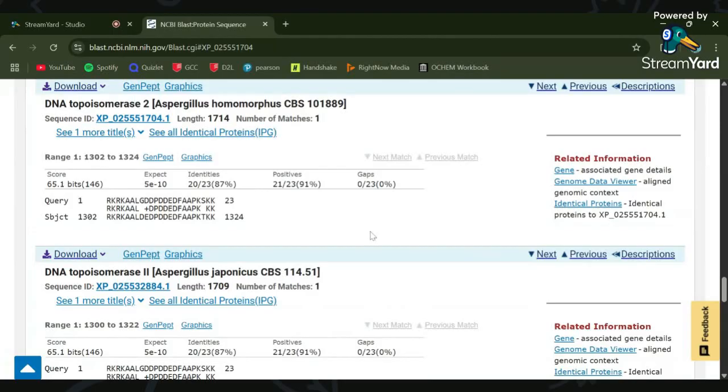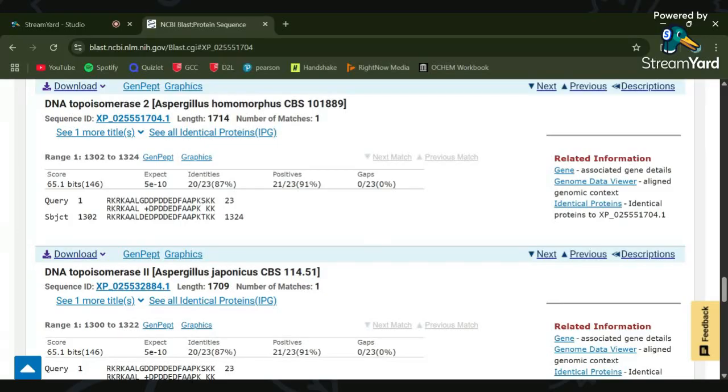Okay. All right, so the query sequence is the one you typed in. The subject is basically the record of the protein that's in the database. So your coordinates are 1 to 23. And then the coordinates of the protein, the Aspergillus homomorphous, it's 1302 to 1324.